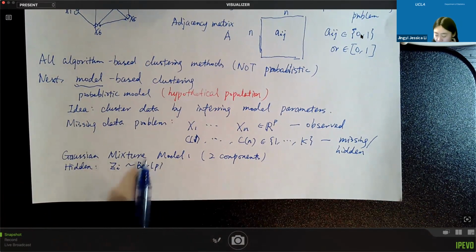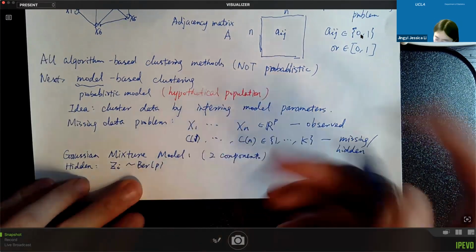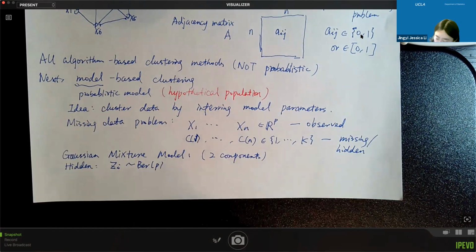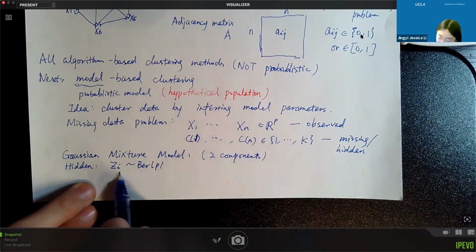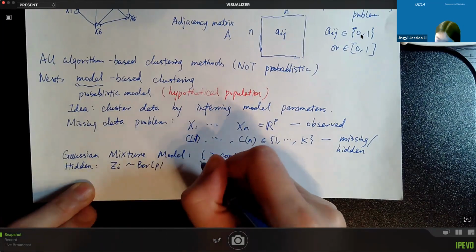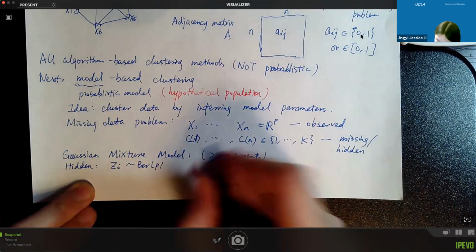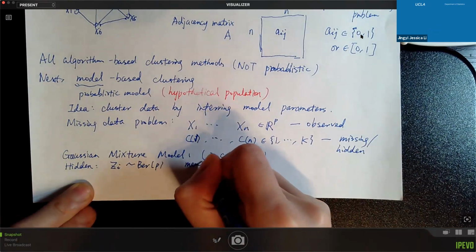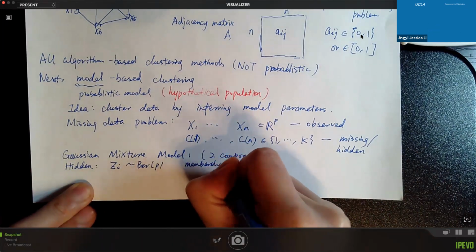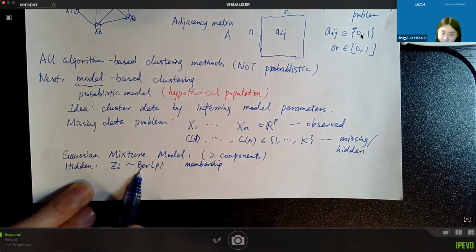Think of this as a generative model: how you generate your data from this model. The first step is to draw a hidden binary indicator. This is the membership indicator. 0 means one component, 1 means another component.